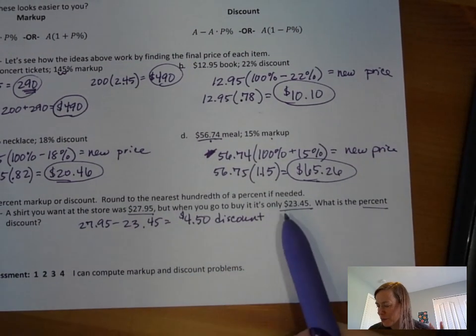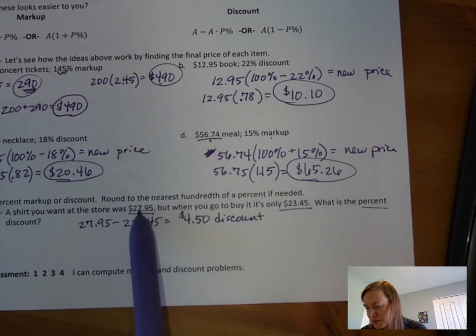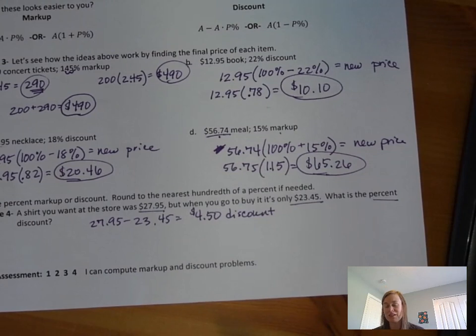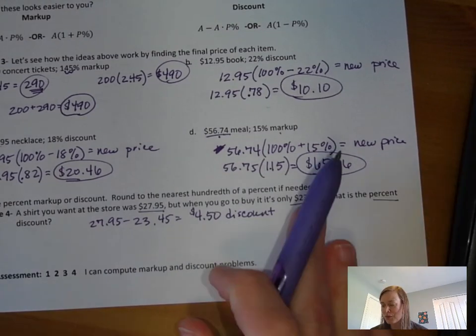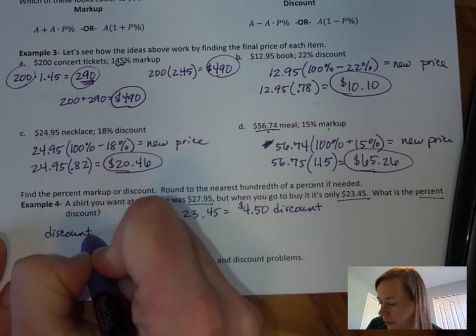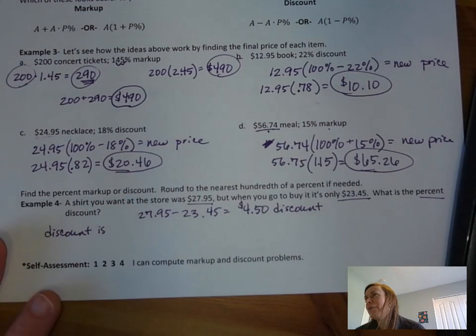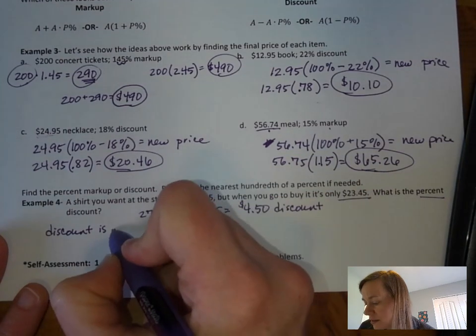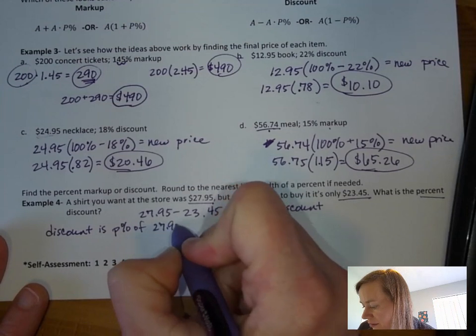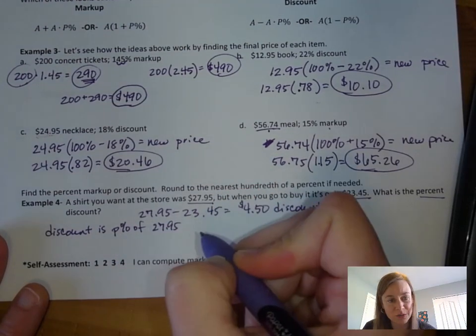Okay, so you know that $27.95 times some percent discount gives you $4.50. And if you want to write it as words, you could say the discount is P percent of $27.95, which is, of course, the original price.